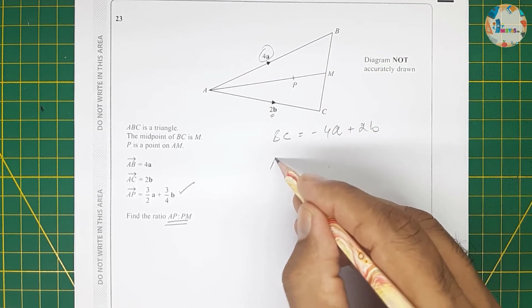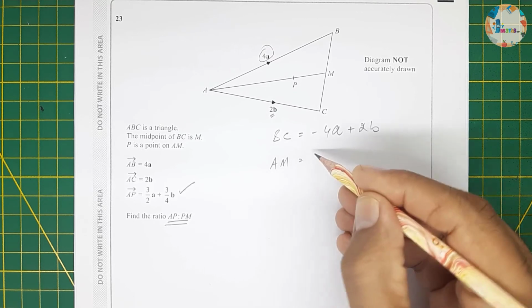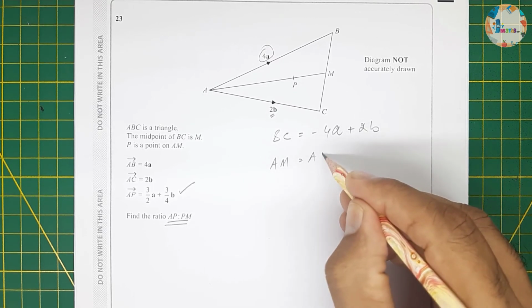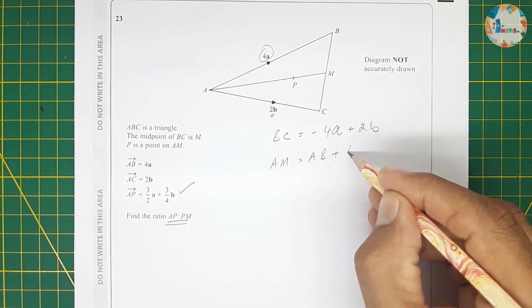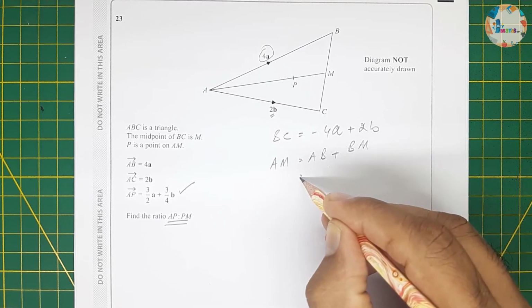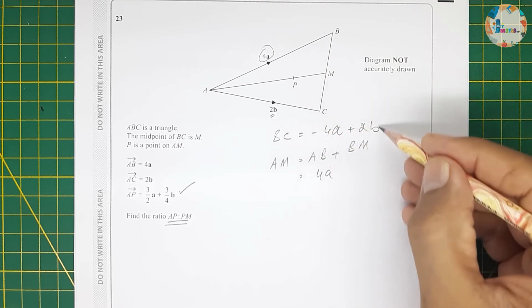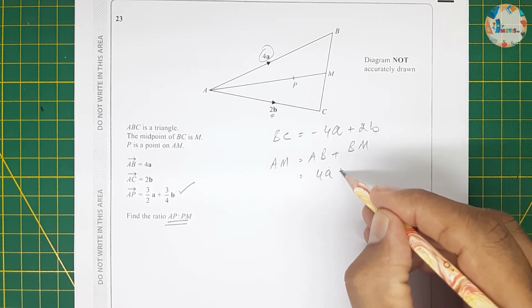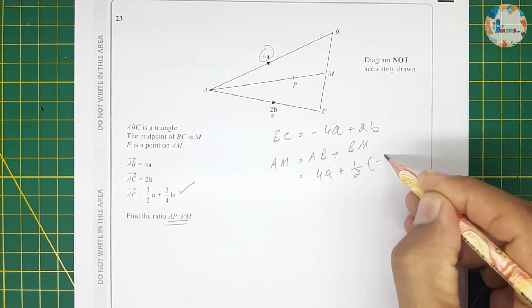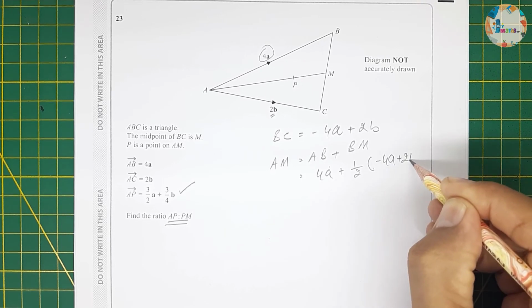So AM will be equal to AB plus BM, and AB is 4A, and BM will be half of this one. So we can write plus half of minus 4A plus 2B.